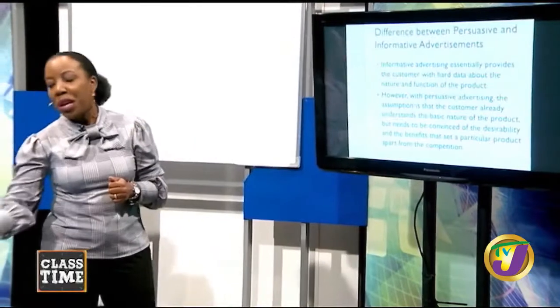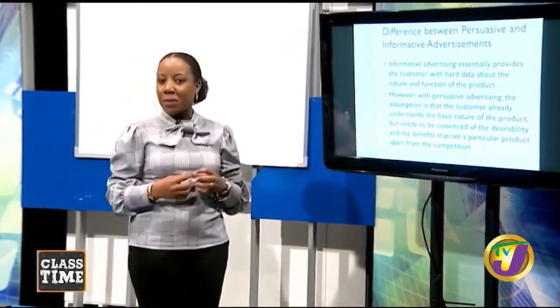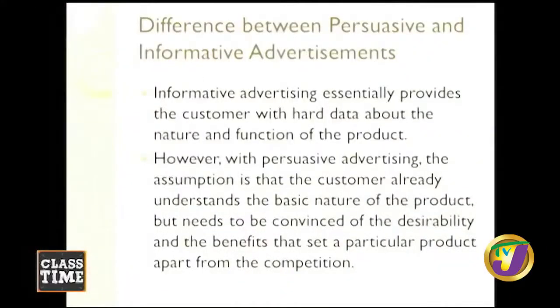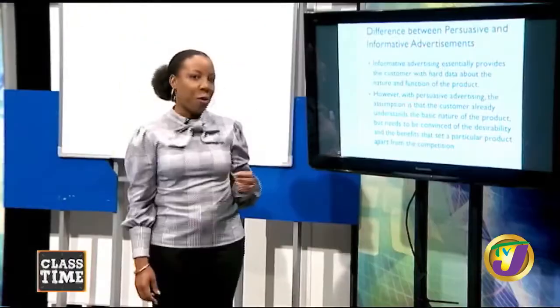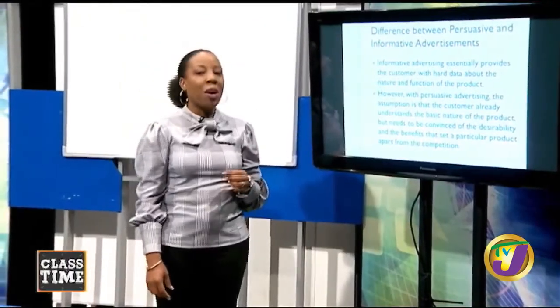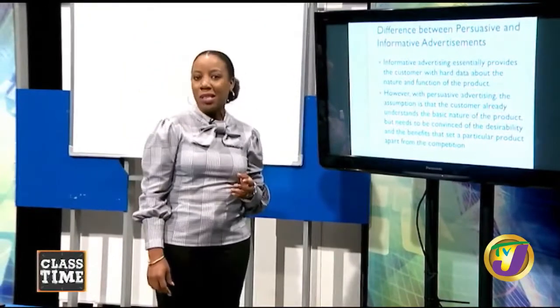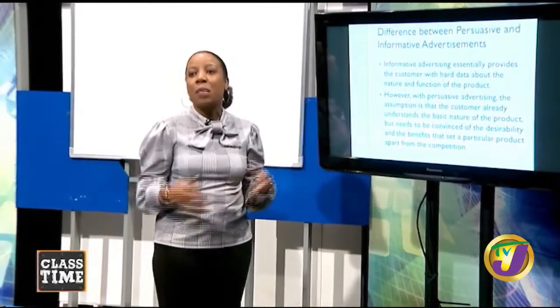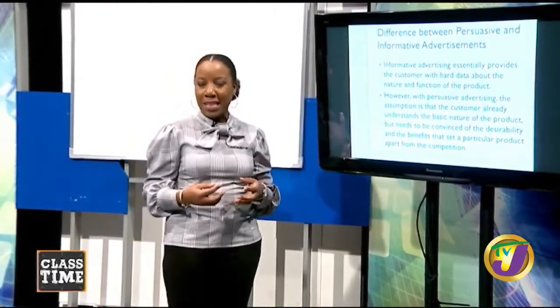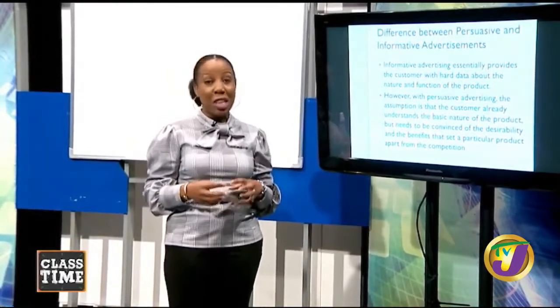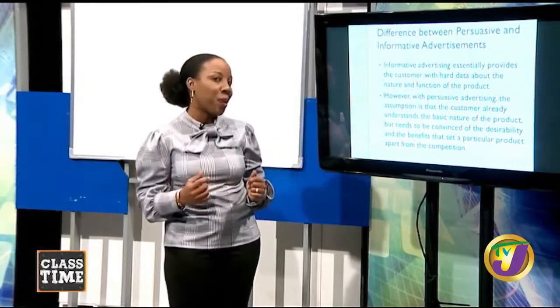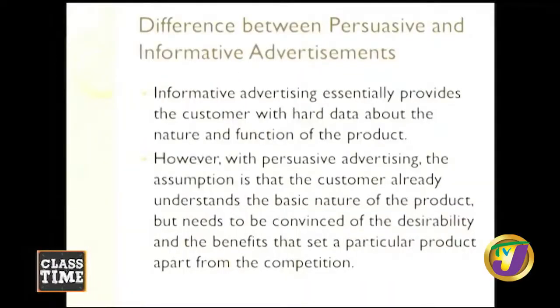Now, since you will interact with different types of advertisements on the multiple choice paper, it is important for you to understand the difference between the informative and the persuasive advertisement, because sometimes you are given questions that ask you what is the purpose of the advertisement, and if the purpose is primarily to inform and you answer to persuade, you know you're in some kind of trouble, right?